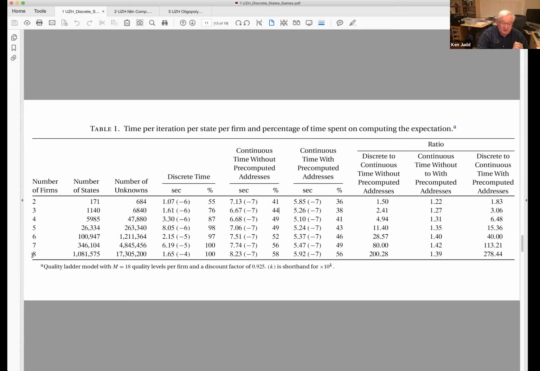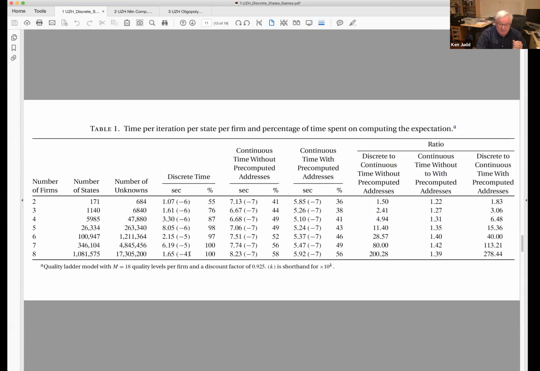Let's look at the 8-firm case. By the way, the 8-firm case means that you have a million different states, and the number of unknowns is 17 million. And now updating each state with the discrete time took 2/10,000ths of a second.